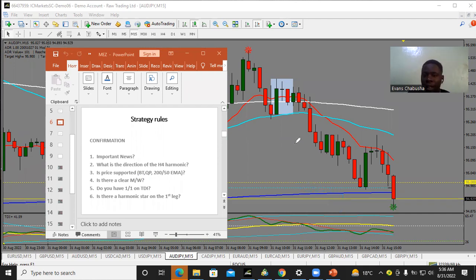From here to these lines here, that is where I'm going to take my first take profit. Before that, I'll even measure how many pips it is from my entry point to my first take profit.